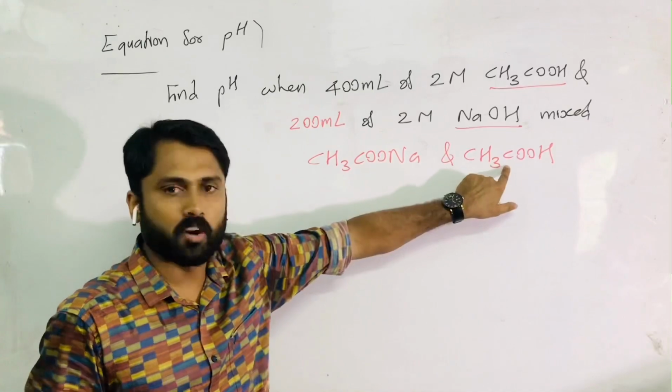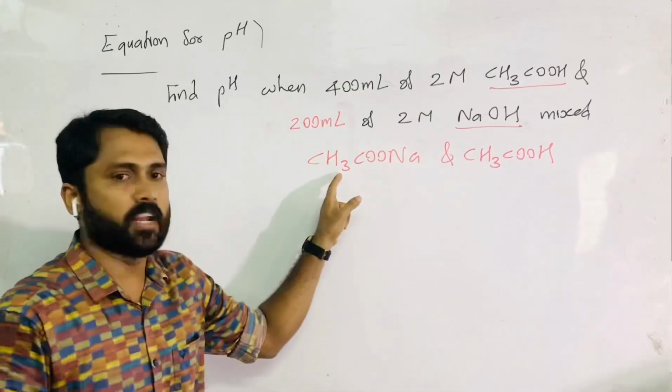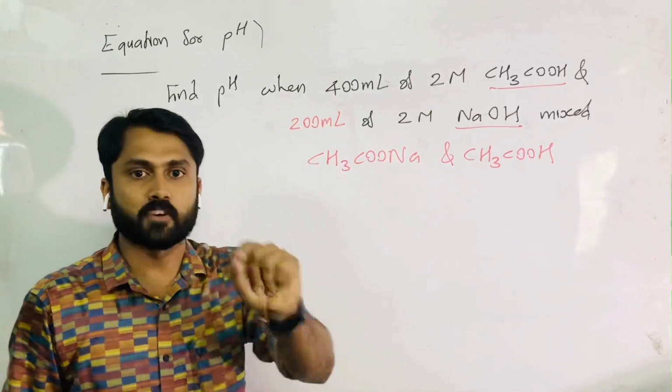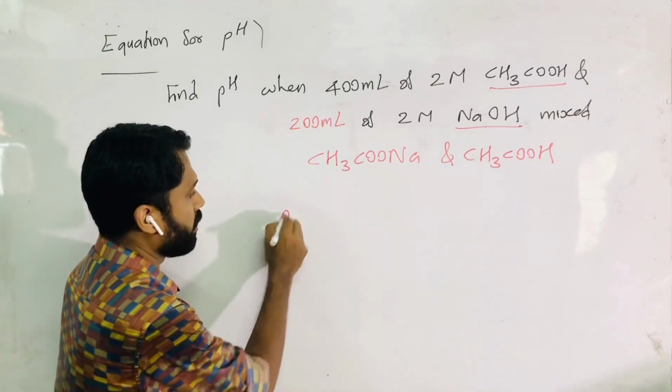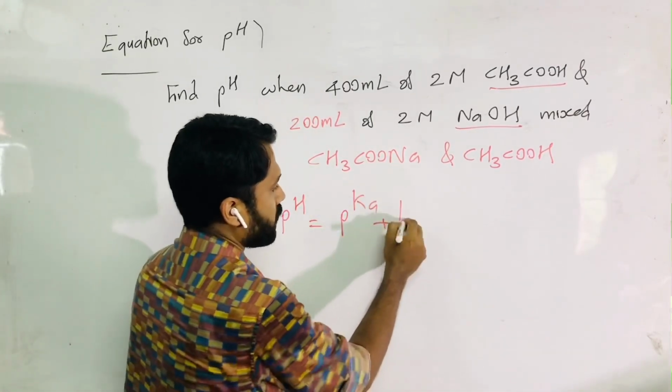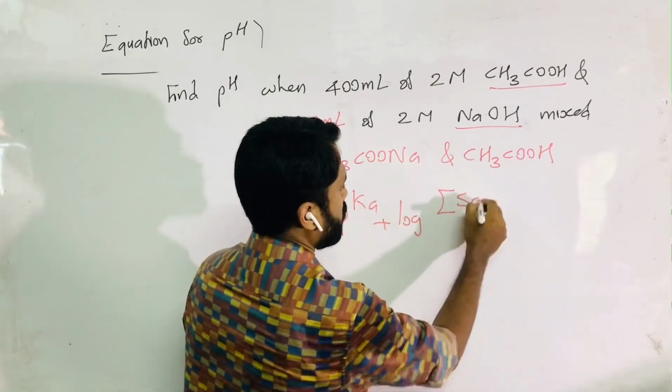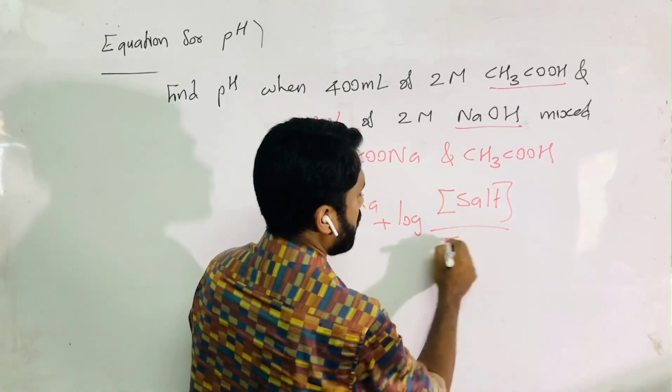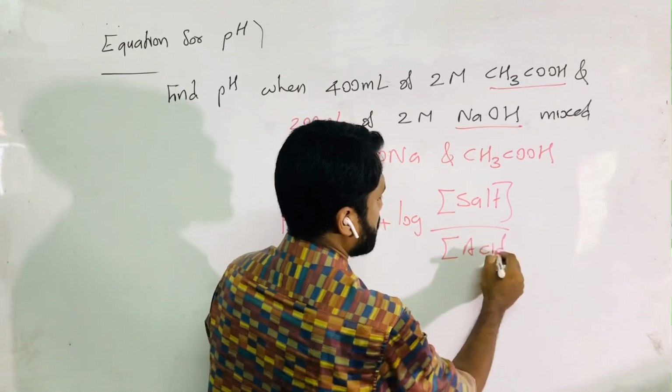It is a mixture of a weak acid and its salt. Now it is a buffer solution. Then pH is equal to pKa plus log concentration of salt by concentration of acid.